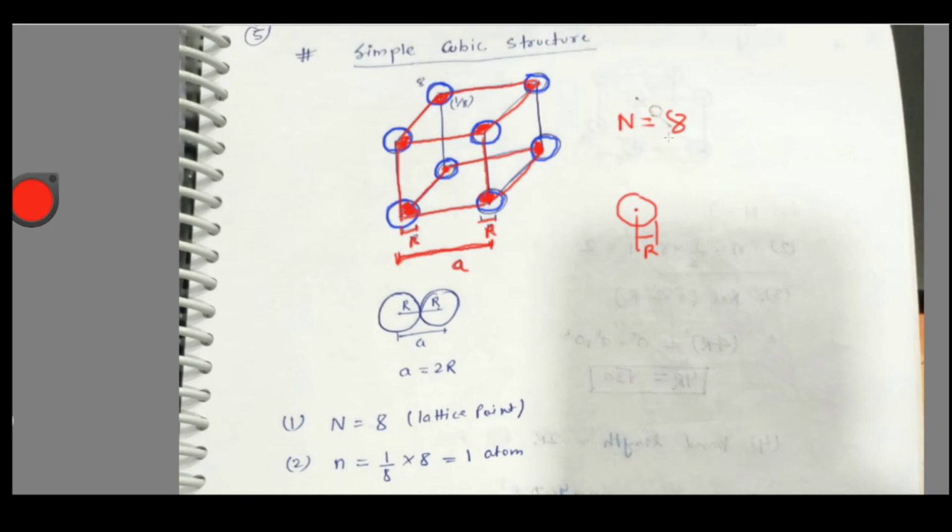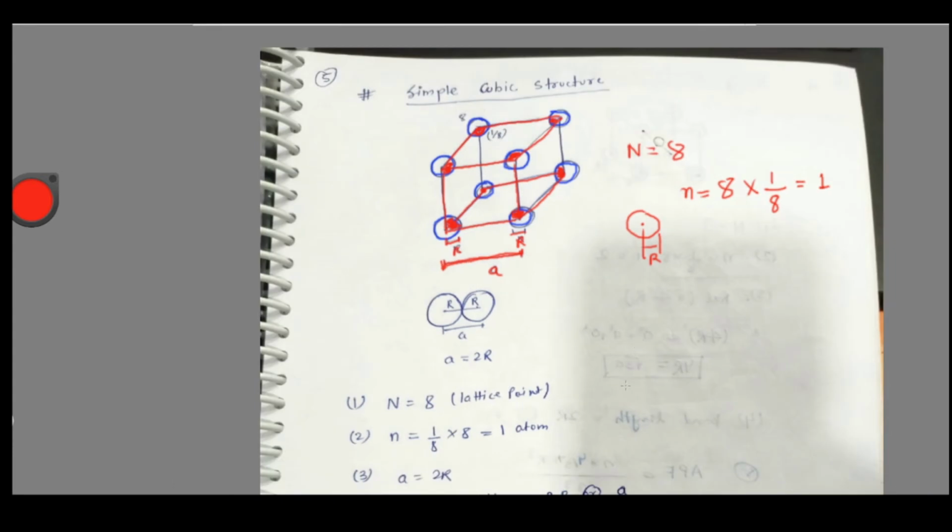So the total lattice points is 8, and the effective number of atoms, small n, is the effective number of atoms. Total 8 atoms are present at the corners, and 1/8 of each atom is present inside the cube. So the total number of atoms in one cubic cell, or one simple cubic structure, is 1.